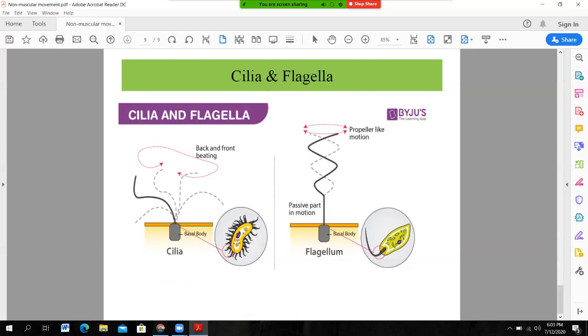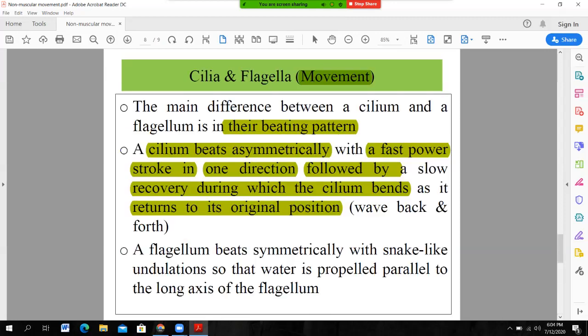So this back and forth beating of the cilium is responsible for movement. Due to this back and forth beating mechanism, they propel water parallel to the cilium.